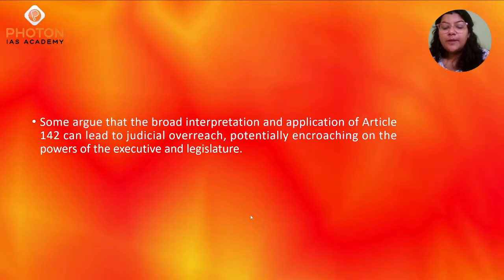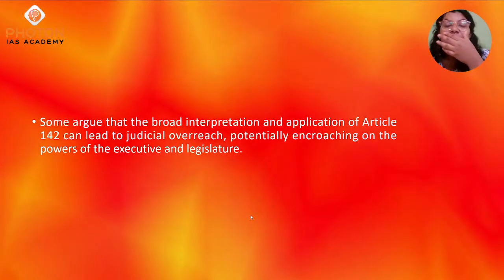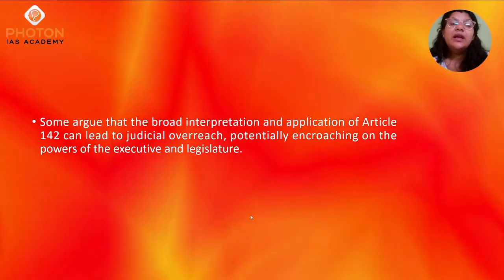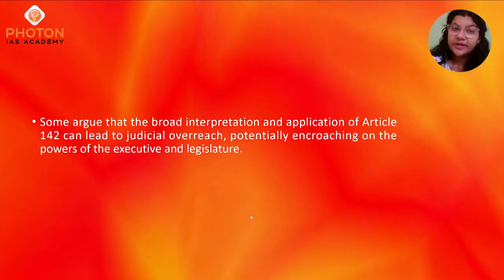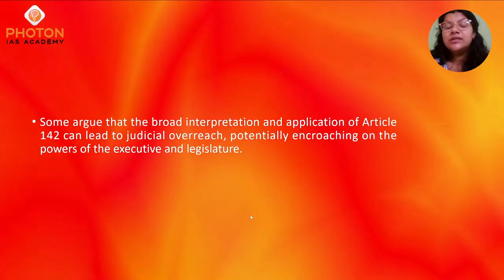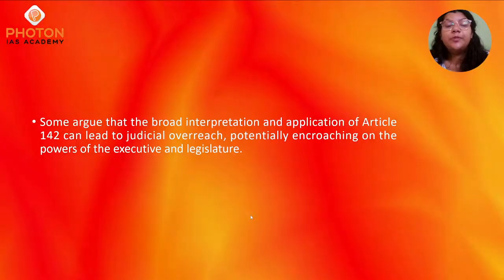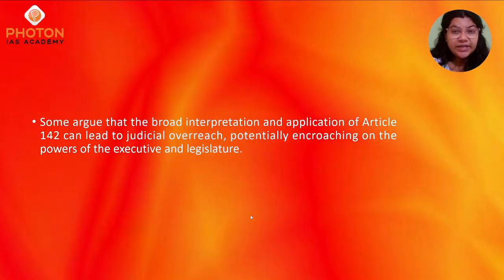Yes, ma'am. So this is the point where I said that the judiciary can use it unnecessarily as well. The concept is called judicial overreach, which we've already discussed in class, along with judicial activism and the difference between them.